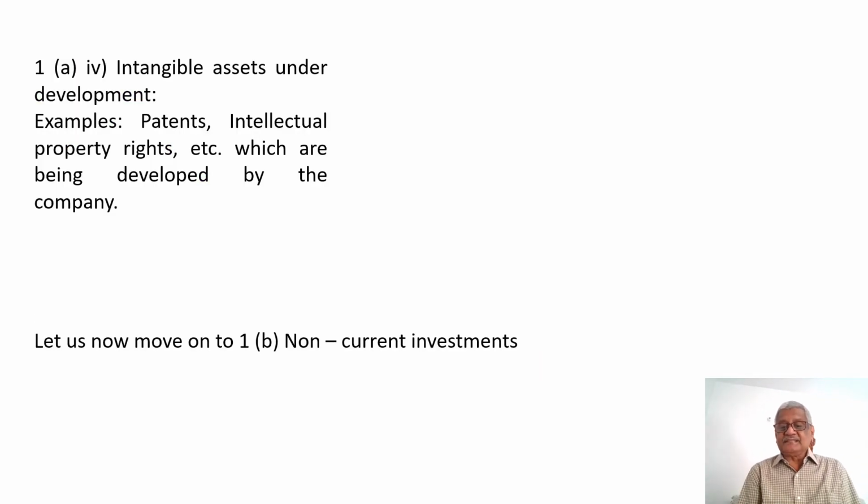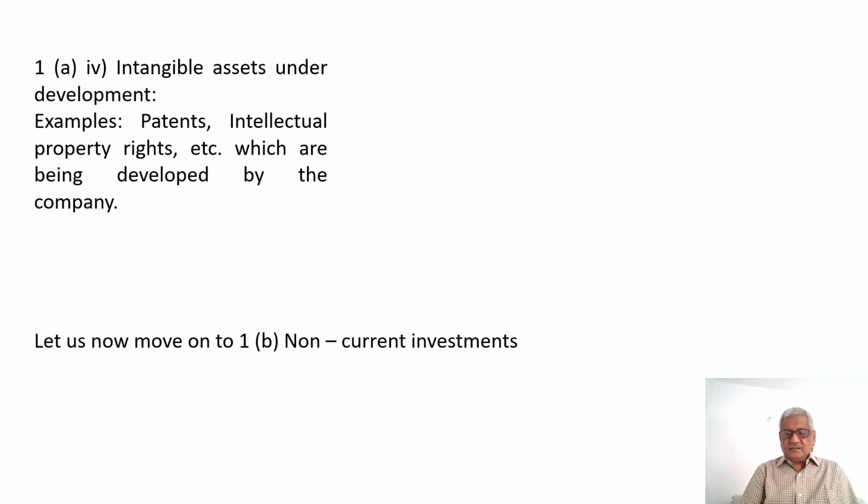Now the fourth item is intangible assets under development. They are nothing but patents, intellectual property rights, etc., which are being developed by the company, which is not completed. That is why they are known as intangible assets under development. So we have 4 classes.